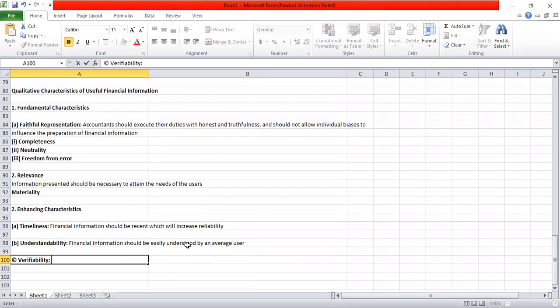Is that right? So all financial information produced by the entity should be able to be verified or proven.